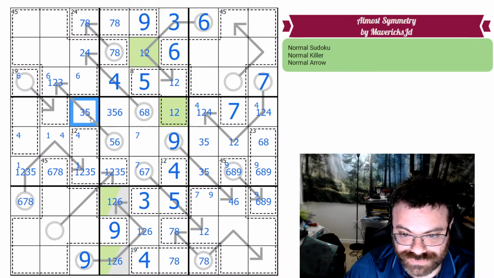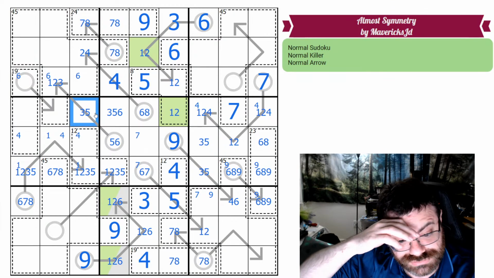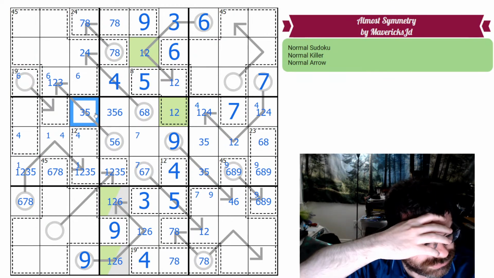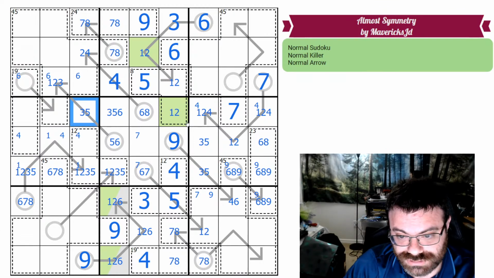Which can't be 3? I see. I think I already got it.